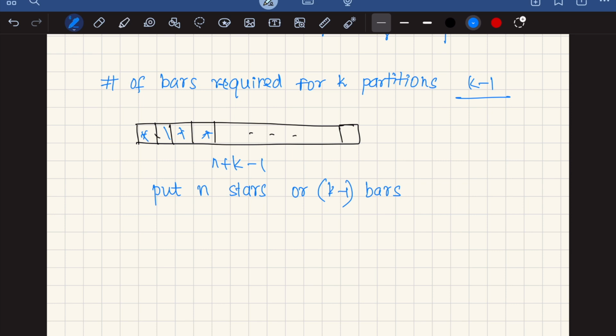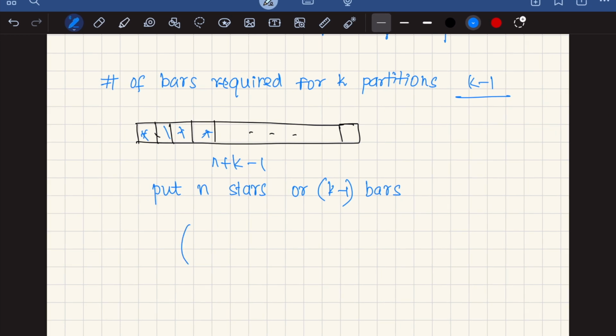My claim is you can do this in n plus k minus 1 choose n ways, which is the same as n plus k minus 1 choose k minus 1 ways.